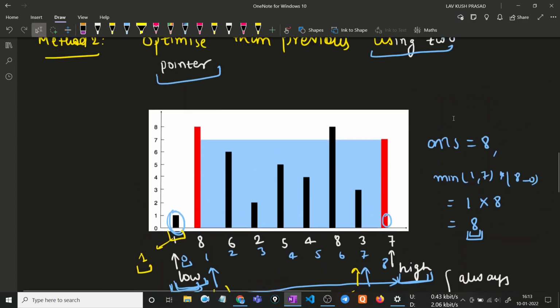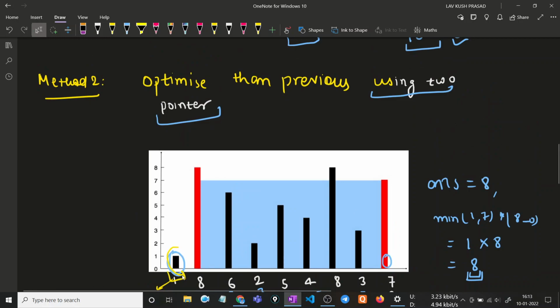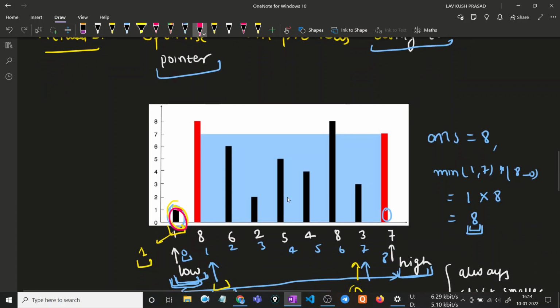So for this particular value which is equal to 1, we get the maximum result which is equal to 8. For the 1 we can't get more than 8. Let's suppose the height of this vertical is 8, and if you consider both verticals, the minimum is 1, and the distance between them is 6.